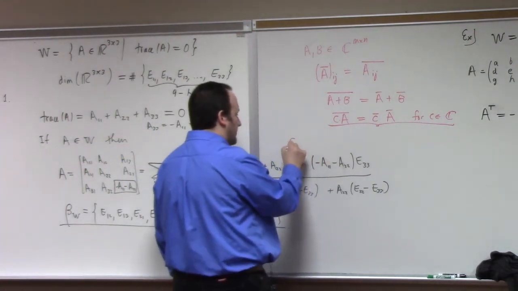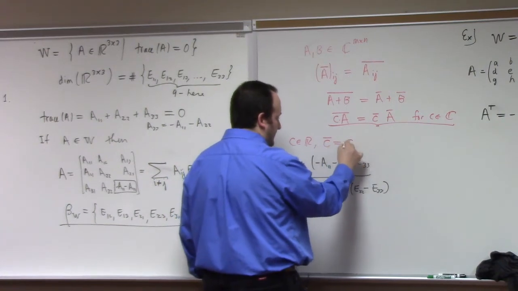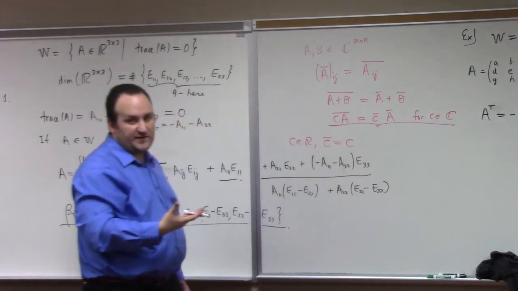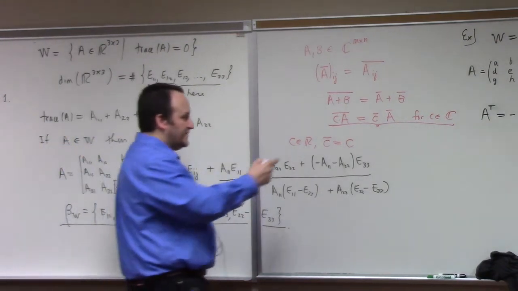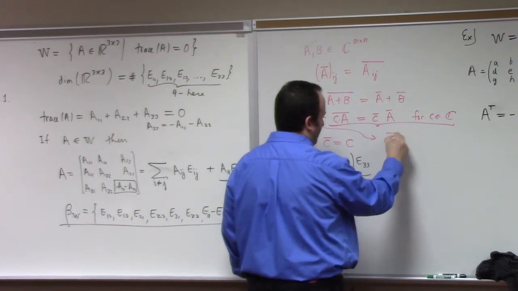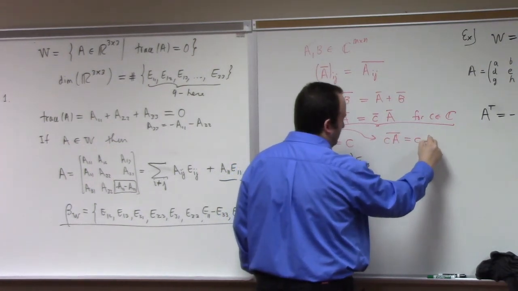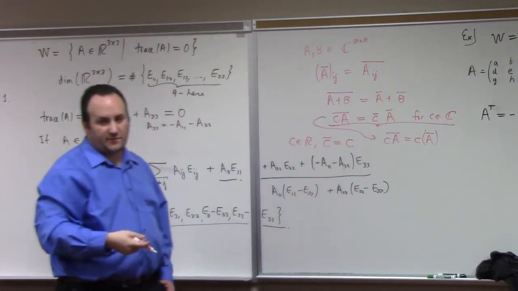Now, if C is a real number, what's that say? That says that C bar is just equal to C again. That the complex conjugate of the number is the number itself. That's a real number. And so this last rule simplifies a bit. For a real number, you can just pull C out, because C bar is equal to C. So that's for a real constant only.